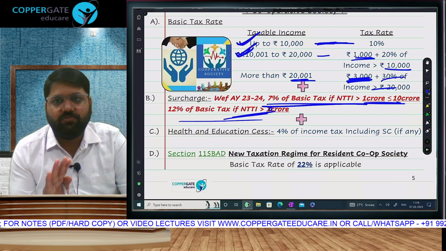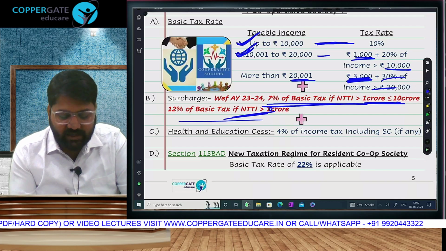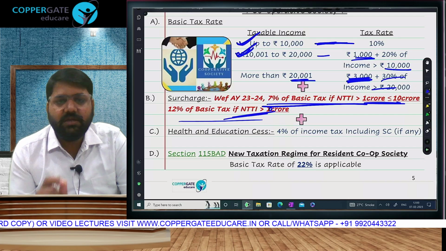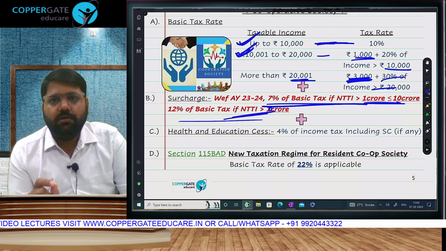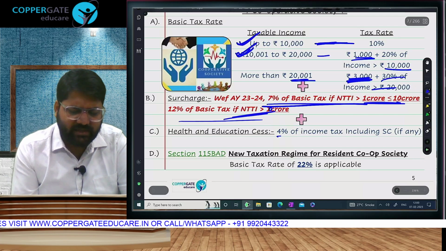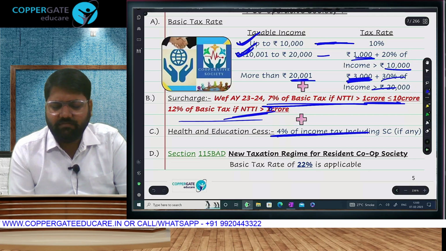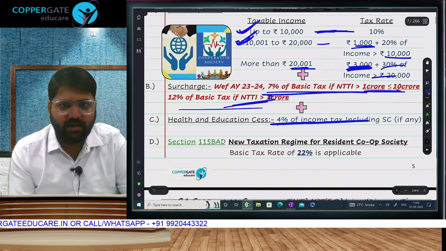Till last year, it was more than 1 crore, 12% up to infinity. But now, this is same as domestic company: 0 to 1 crore, no surcharge, more than 1 crore up to 10 crore, 7% surcharge, more than 10 crore, 12% surcharge. And cess of course will always come. Basic plus surcharge के ऊपर 4% cess will be applicable.